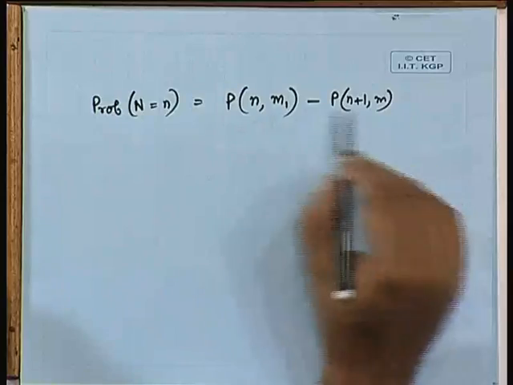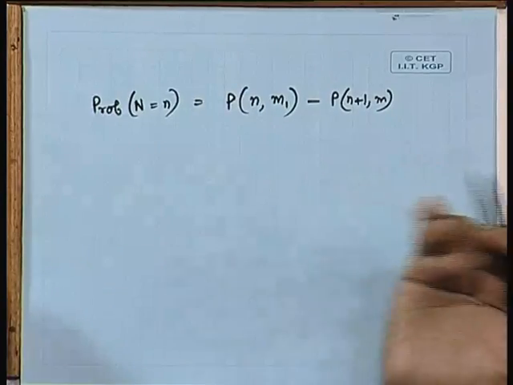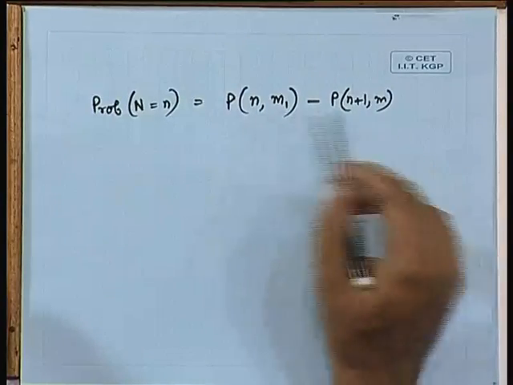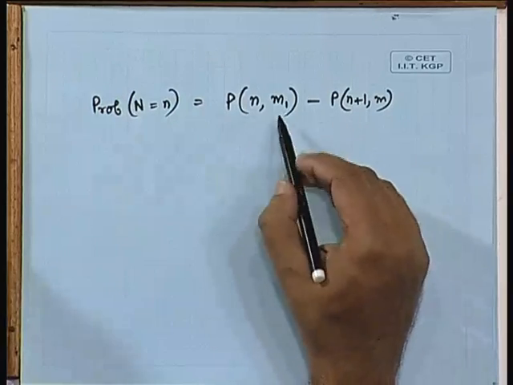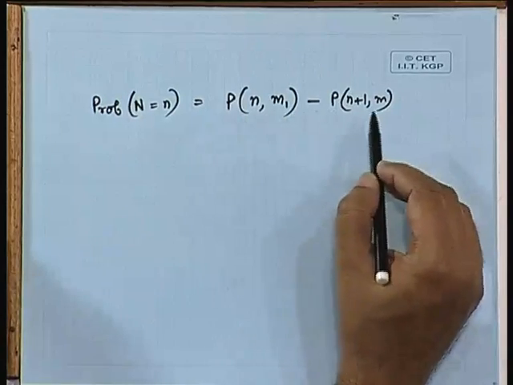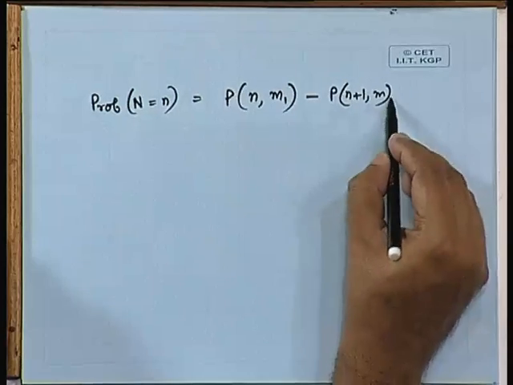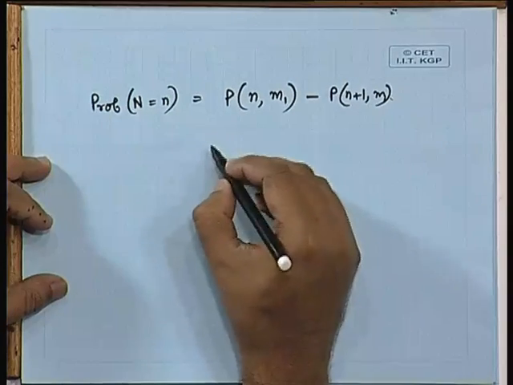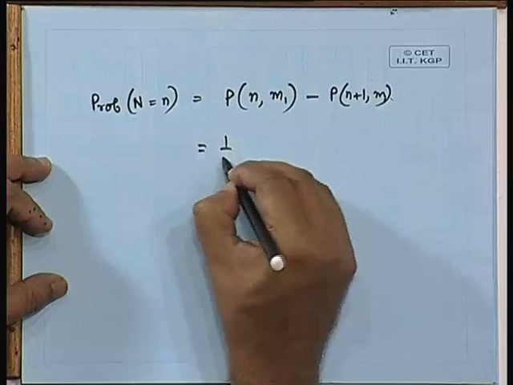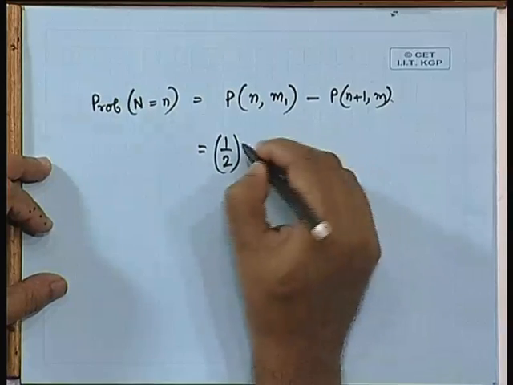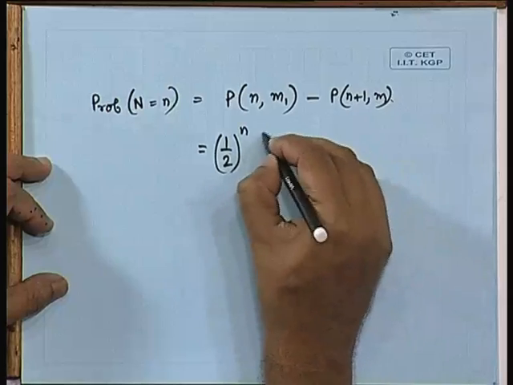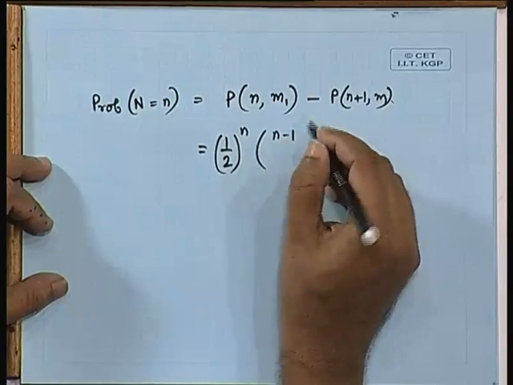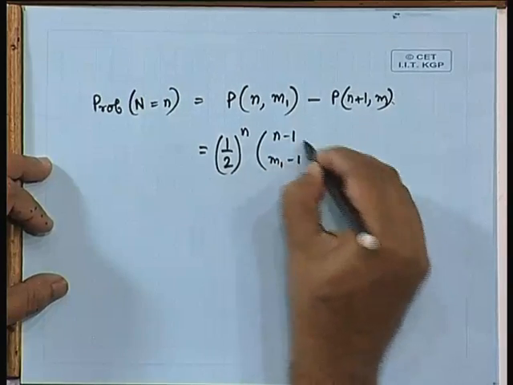So, if you substitute the expressions that we had shown in the last class for P(n, m1) and P(n plus 1, m1), then this becomes equal to half to the power n times the combination (n minus 1) C (m1 minus 1).